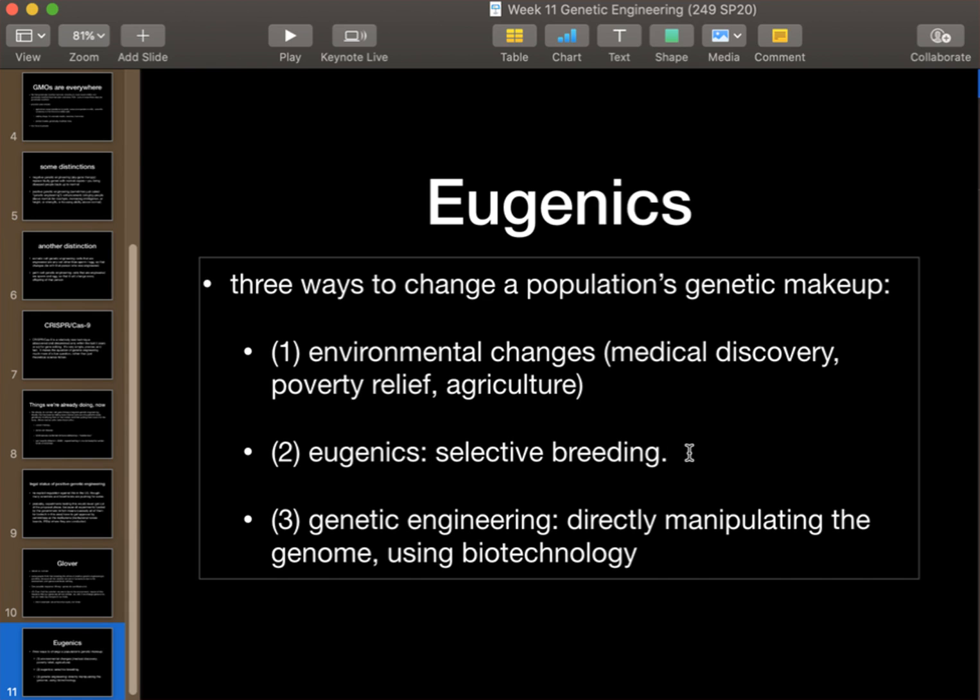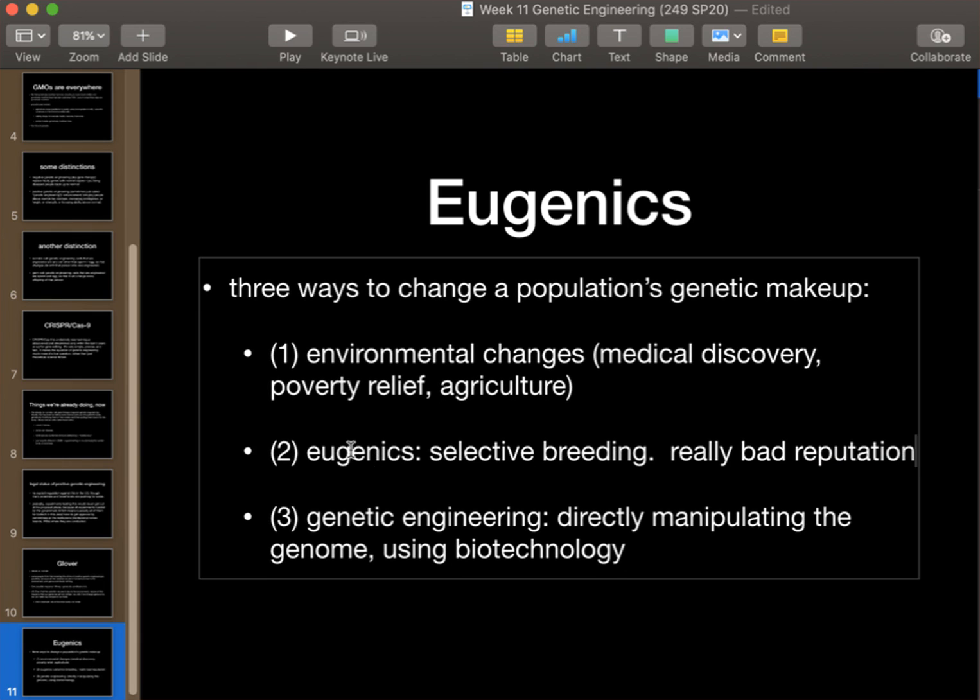Now, eugenics has a really bad reputation. In fact, the word, if you have heard it before, is associated with Nazis and the Aryan supreme race and all these kinds of ideas.